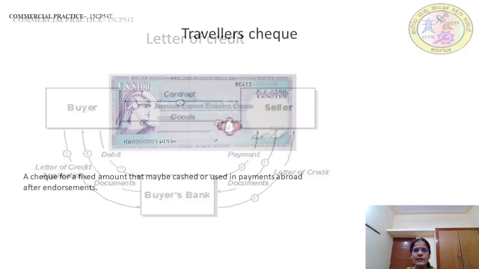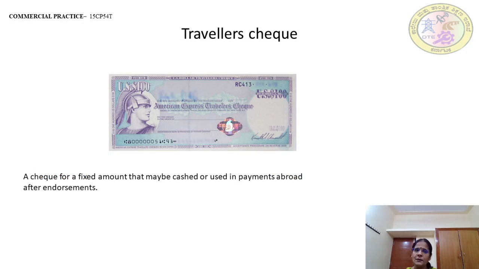Once we are giving such a service towards the customer, the banker also gives another important service, that is issuing of traveller's checks. What is a traveller's check? A traveller's check is a fixed amount that may be cashed or used in payments abroad after endorsement.